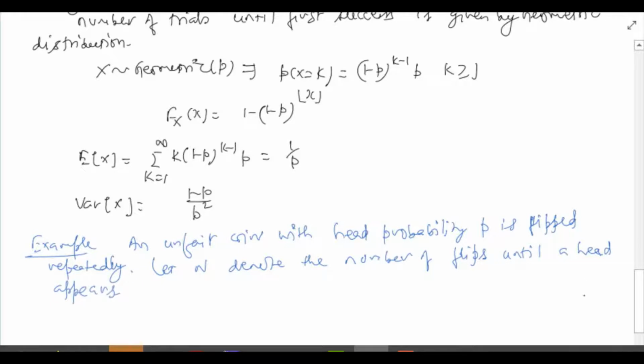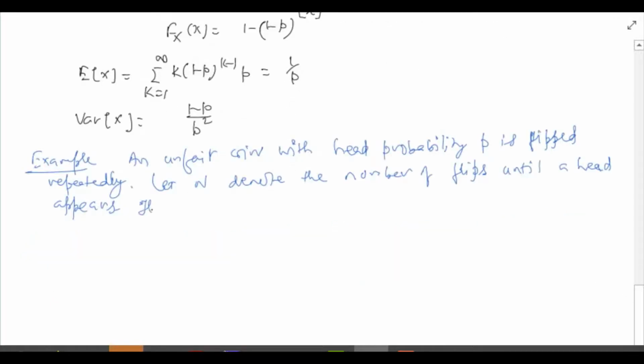Then N will be a geometric random variable. Then N will have a geometric p distribution.